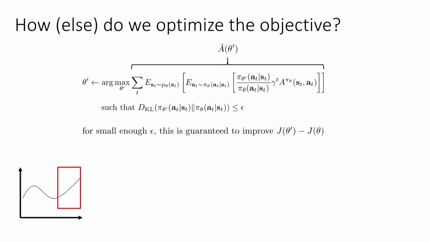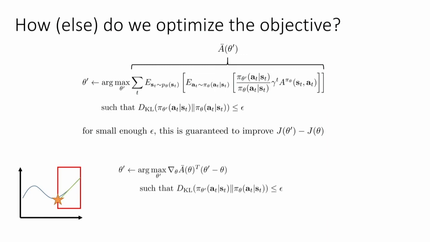You can think of that red box as being of size epsilon. If that box is small enough, then inside of that box, a Taylor expansion of your function will probably be close enough to the original function that you could optimize the Taylor expansion instead. So you could, for example, make a linear approximation, which is denoted by that green line, and the optimum for that linear approximation might be close to the optimum for the original function if the box is small enough. So for any Lipschitz continuous function, for a small enough box, this is going to be true.